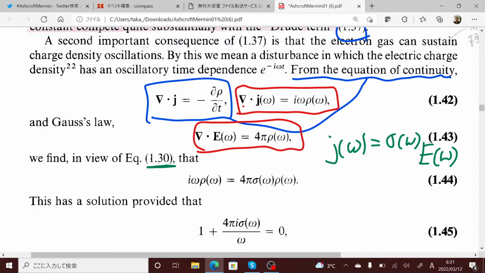How do we get it? So we take the divergence of this.